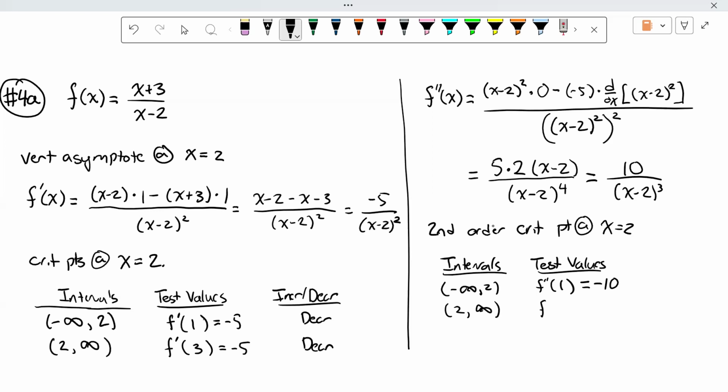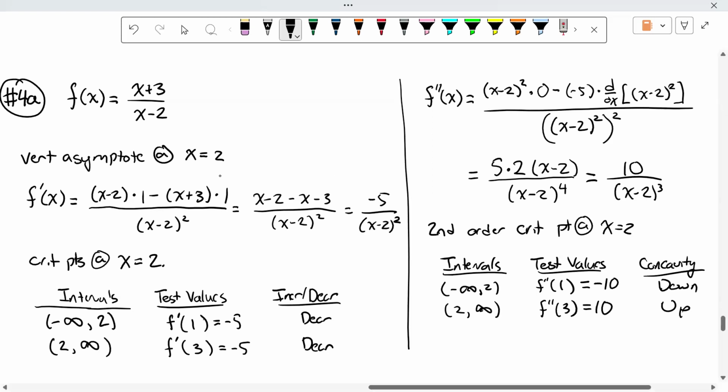Yeah, -10 there for 1. When I plug in 3, I'll get a +10. So the concavity does flip. Goes from down to up. But because there is a vertical asymptote at x equals 2, I don't have an inflection point.